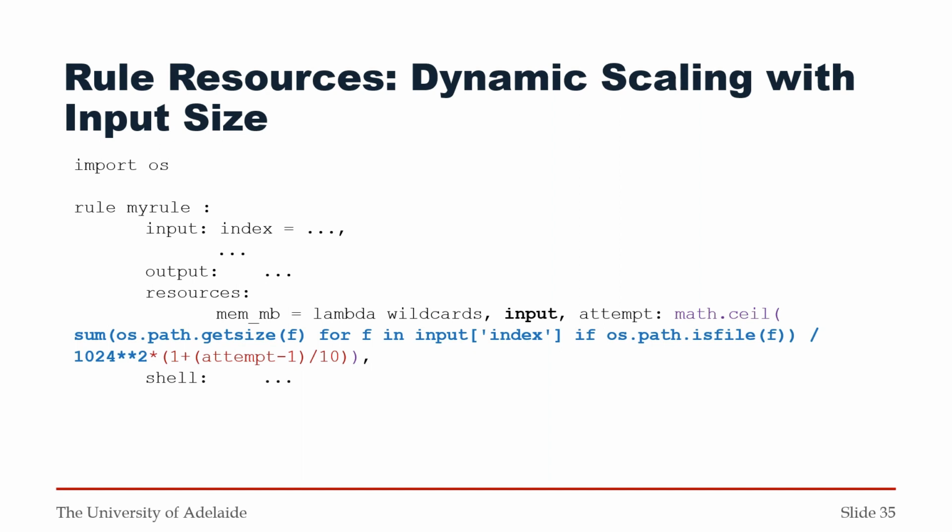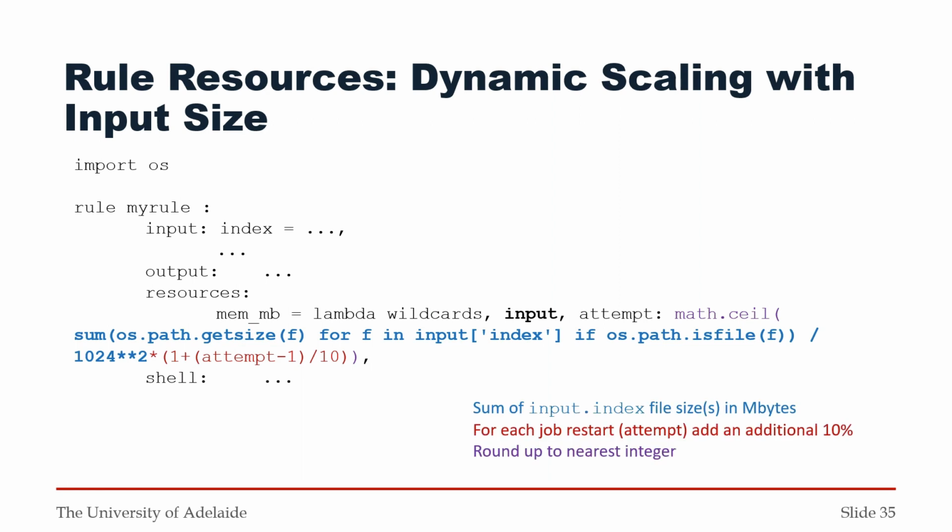We'll sum those and scale them to megabytes, and then add on 10% for each retry. This way you can be a bit more intelligent, and this is really useful for when you want to move a workflow from one species to another. Maybe you developed a workflow in bacteria and you suddenly want to work in wheat, which is much more complex and difficult. This sort of approach will help make that transition more easily.